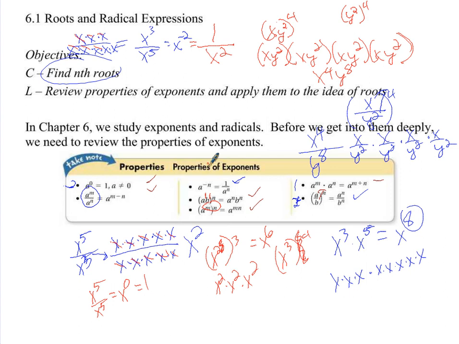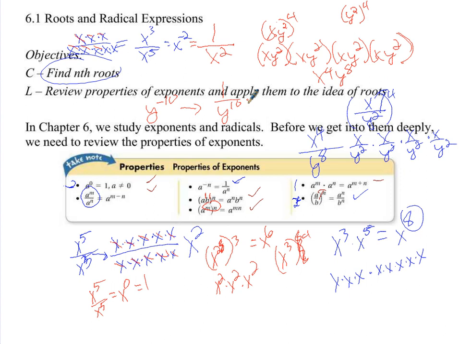Something to whatever negative power means move it to the denominator, put 1 over it, make the exponent positive, and you're done. So like if I had y to the negative 10th power, that would turn into 1 over y to the positive 10th power. We move it to the denominator.